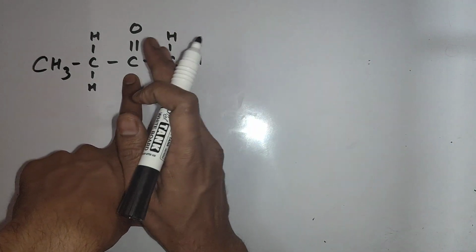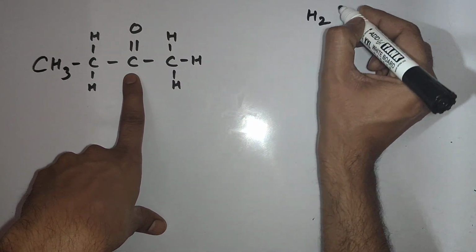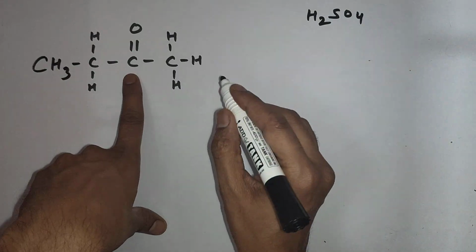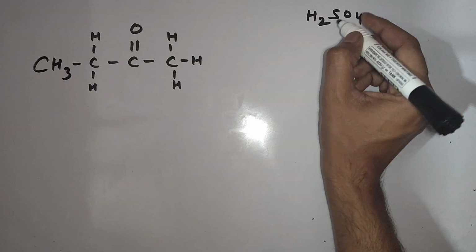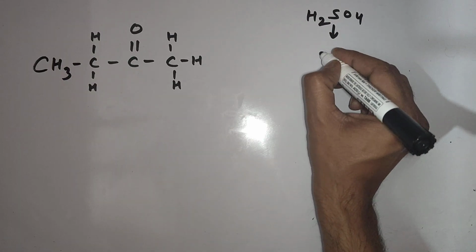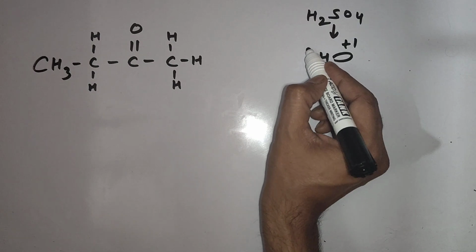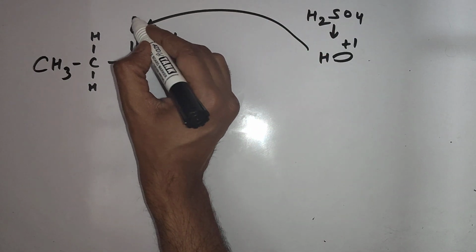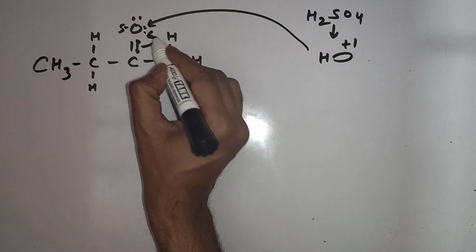How will they convert themselves to enols? We know sulfuric acid is available and you need to heat it. In hot conditions this will happen. Sulfuric acid will provide H positive particle which will start attacking the oxygen because oxygen is negative here, due to which pi electrons will shift.